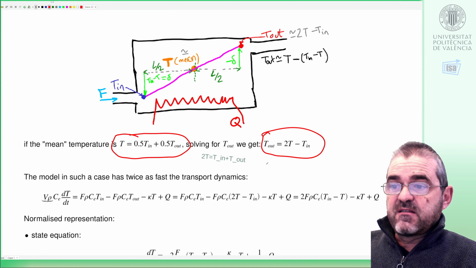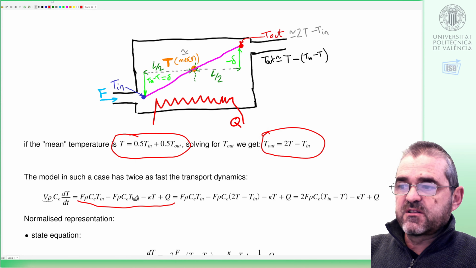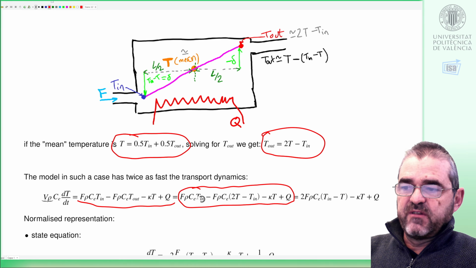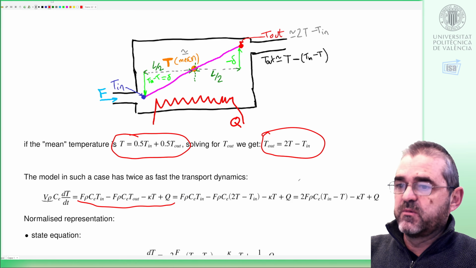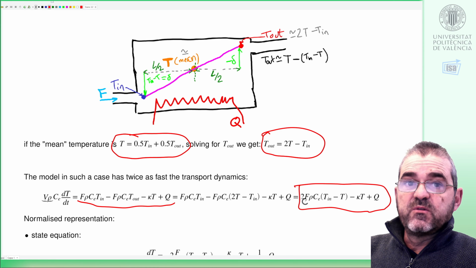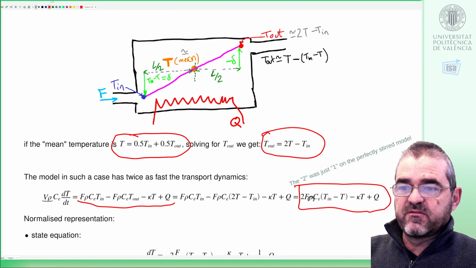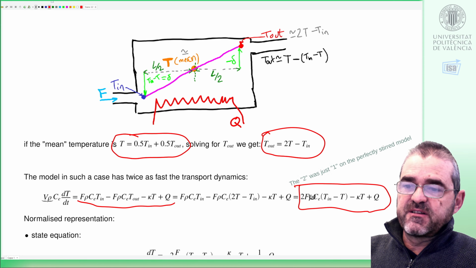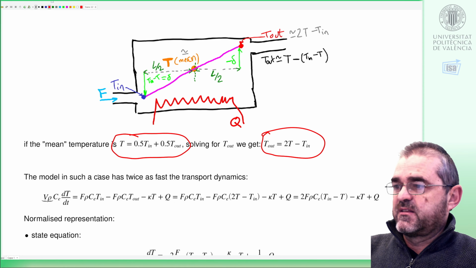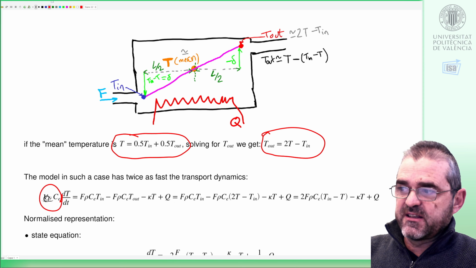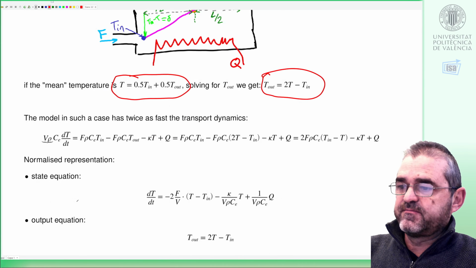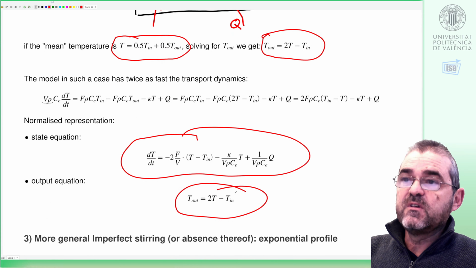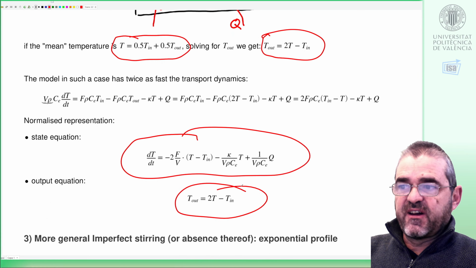Then if we replace that in our previously discussed power balance, we get this, and we have another plus T in here, so we end up with twice this coefficient of the transport term compared to the perfectly stirred version. And again, dividing both sides by this, we get this state equation and of course this output equation for the linear temperature profile case.